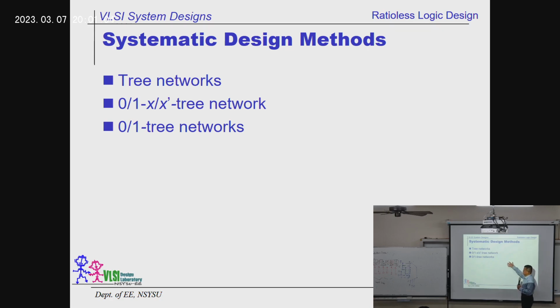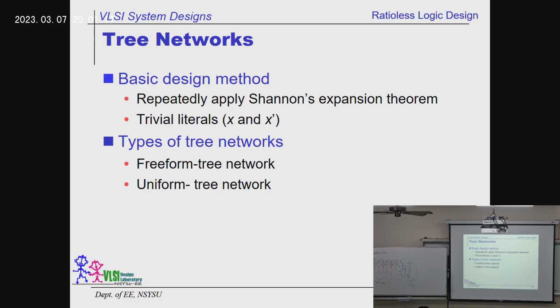So how many different networks do we have in the textbook or in the literature? At least 1, 2, 3, 4 ways. They are all based on the Shannon expansion theorem. The basic design method is to repeatedly apply Shannon's expansion theorem and use trivial literals.